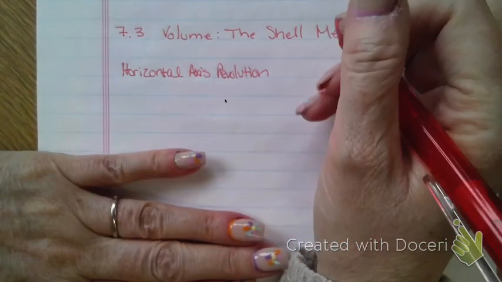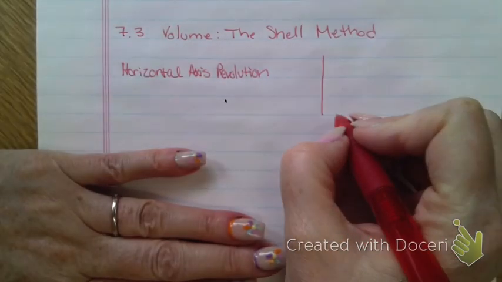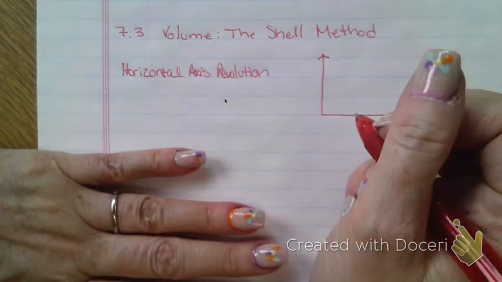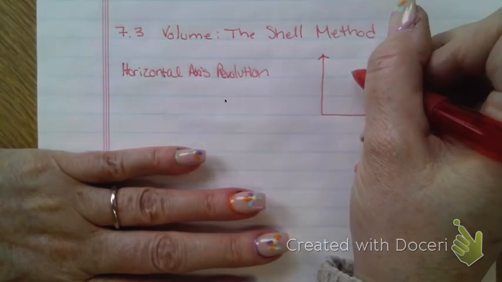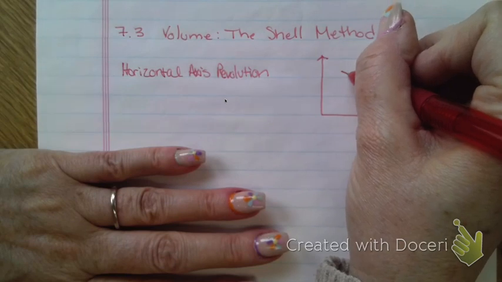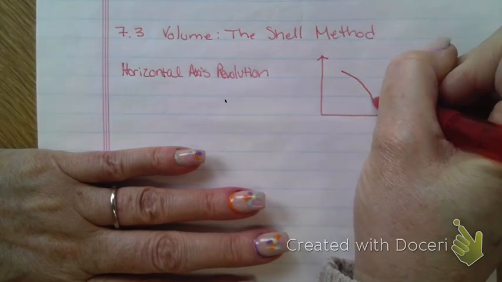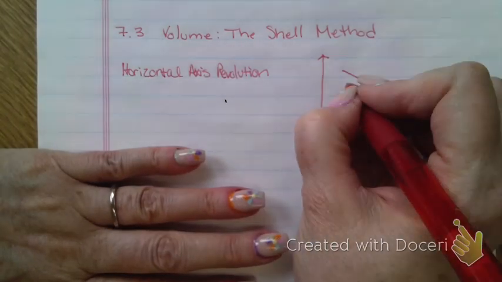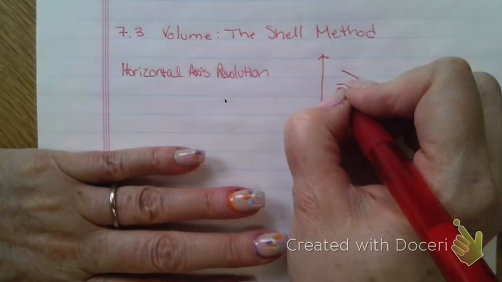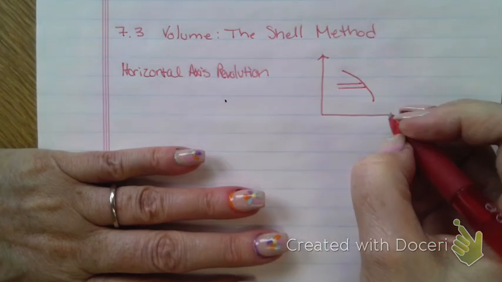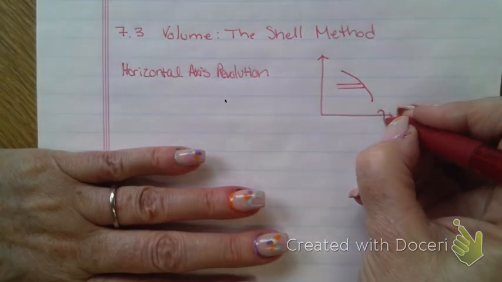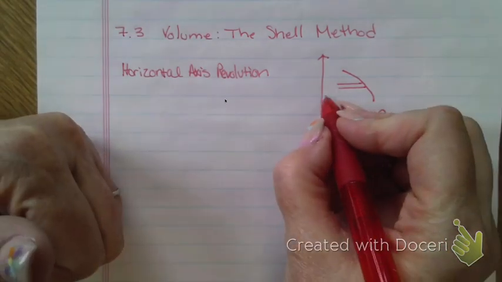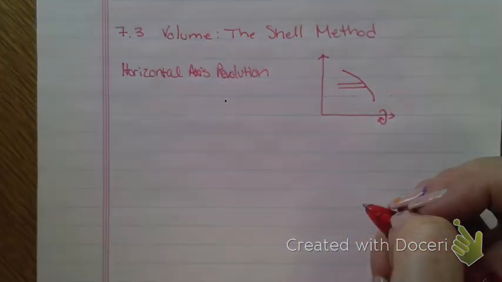So that would be a picture. So if I'm revolving this shape, and I need to get this piece around the x-axis, or I could have a line up here also. It doesn't have to be the x-axis.